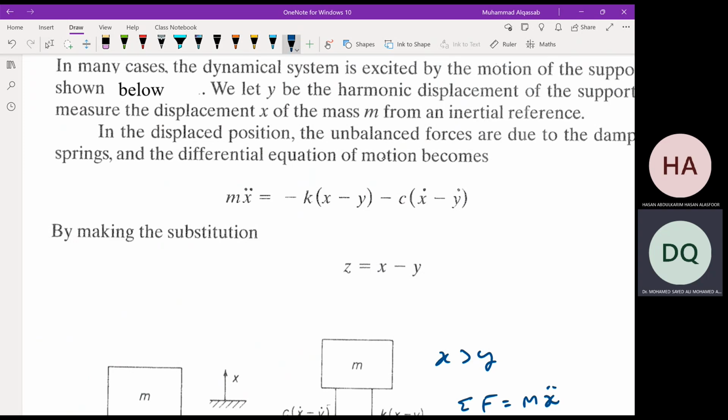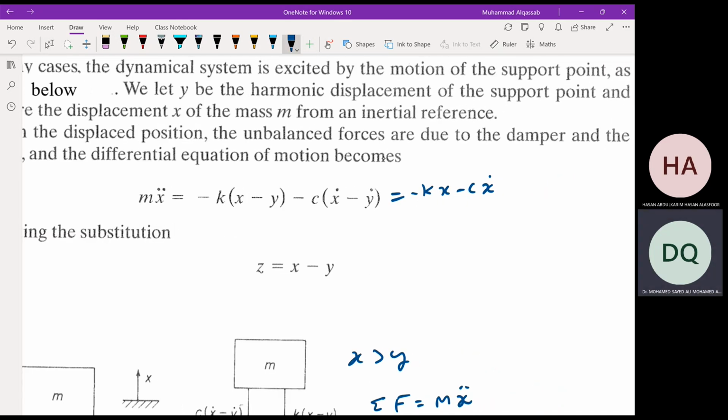You can proceed this way. Let me distribute the brackets: minus kx minus c x dot plus ky plus c y dot. And y and y dot are known quantities.